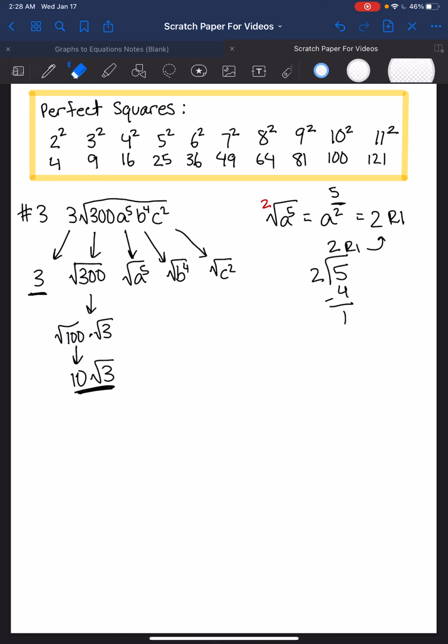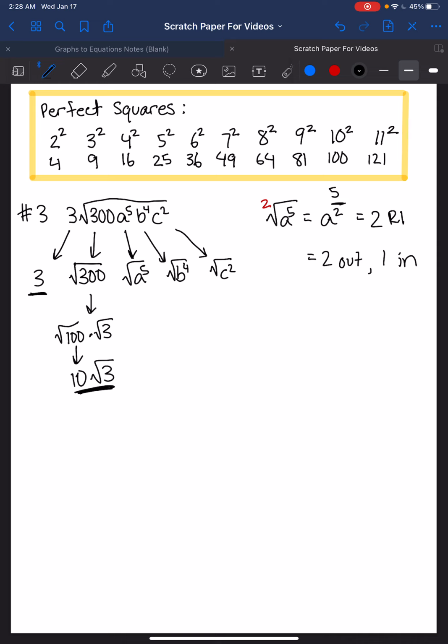I'm going to erase that for space, but feel free to write it down. So what this means, 2 in, 2 out, 1 in. That remainder is left over. We can't take it out, so it has to stay inside the radical.